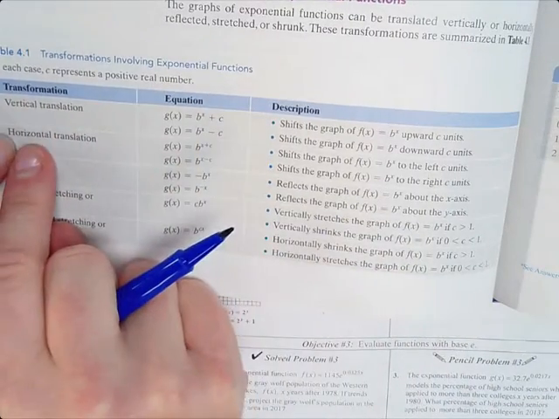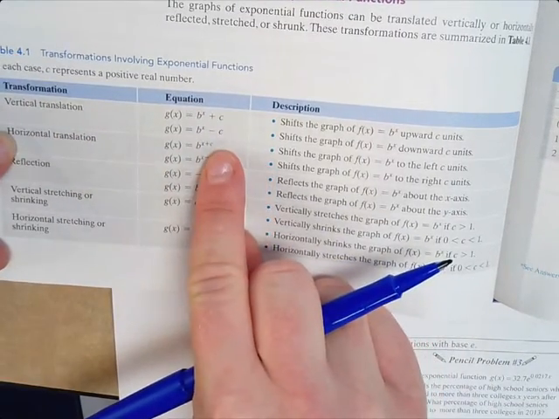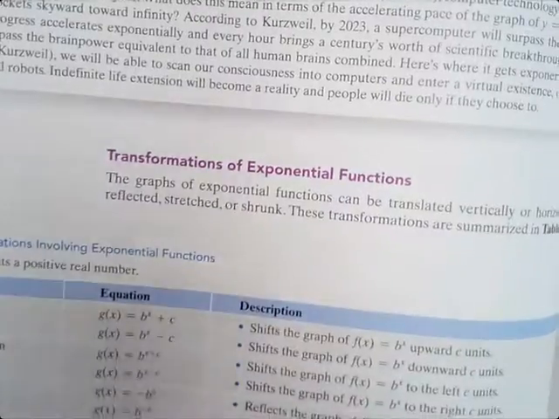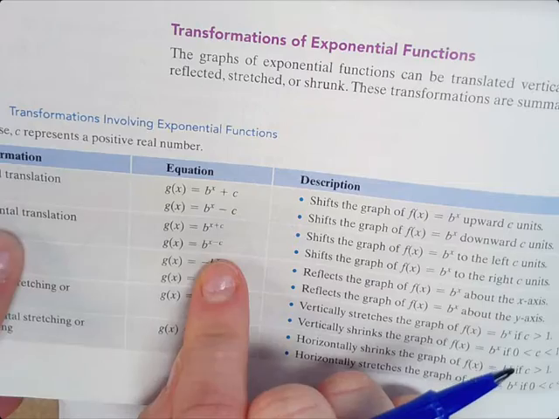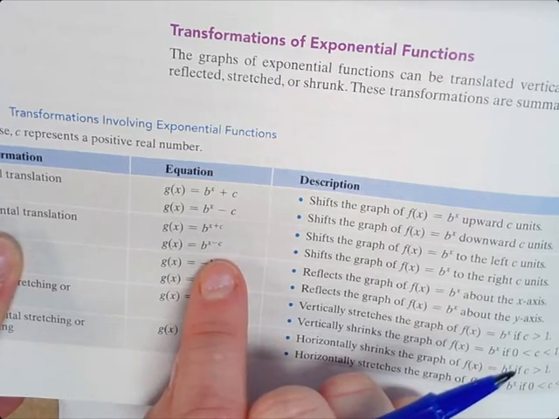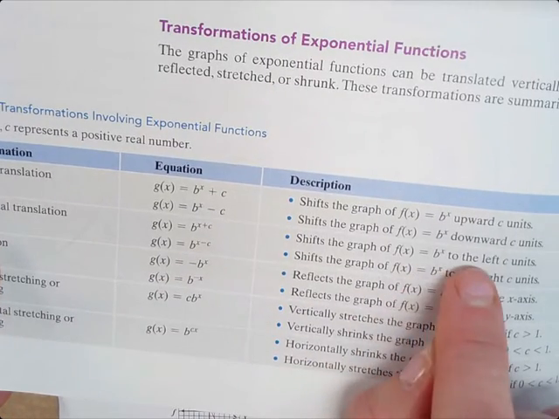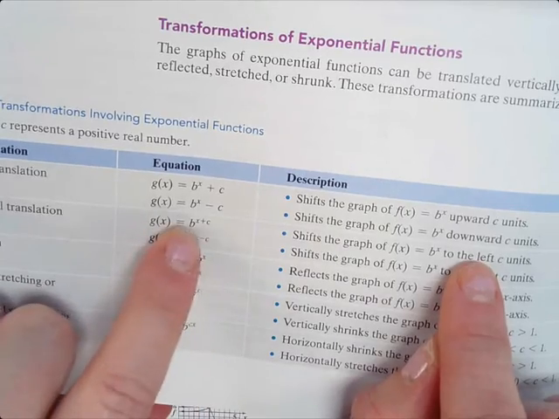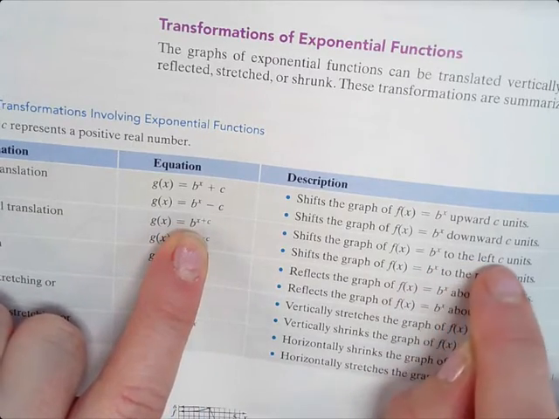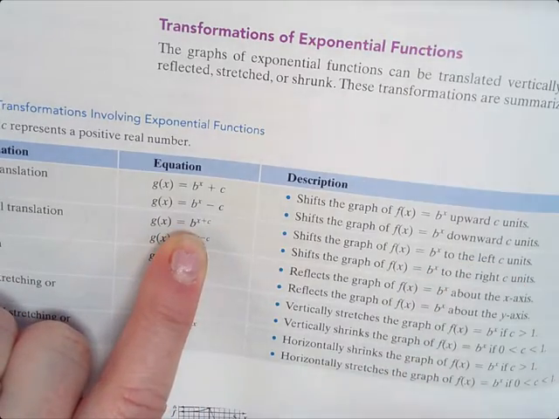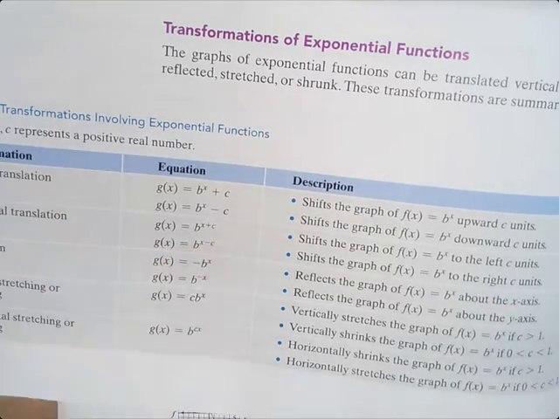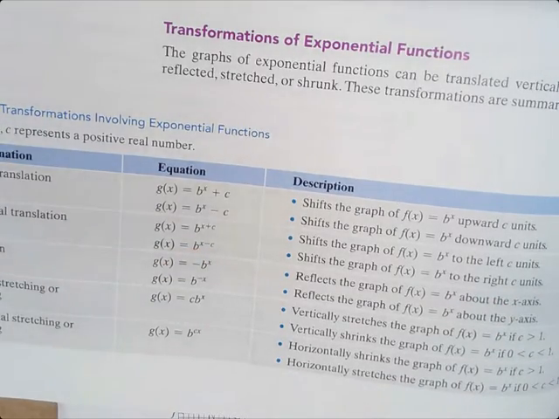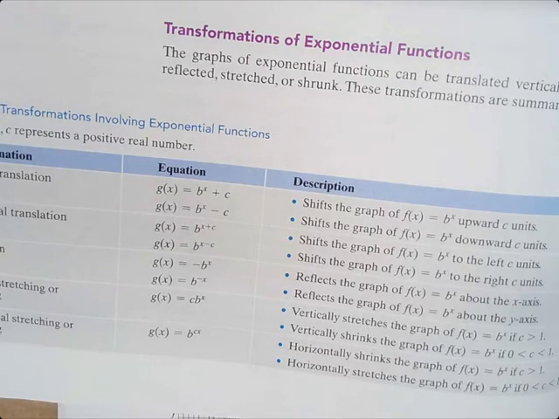So it is this horizontal translation. So anytime you add some kind of constant to your exponent or subtract it, you're going to shift it horizontally. So if it's plus c, it would shift left c units. If it's minus c, it'd shift right. So it's the opposite. So horizontal, whenever you do plus or minus, it shifts it left or right, in the opposite of what you would think.